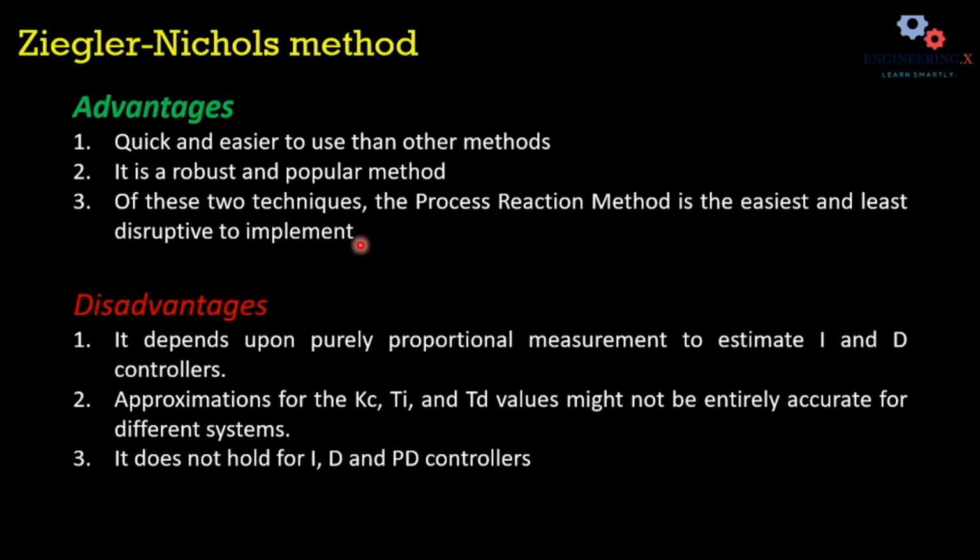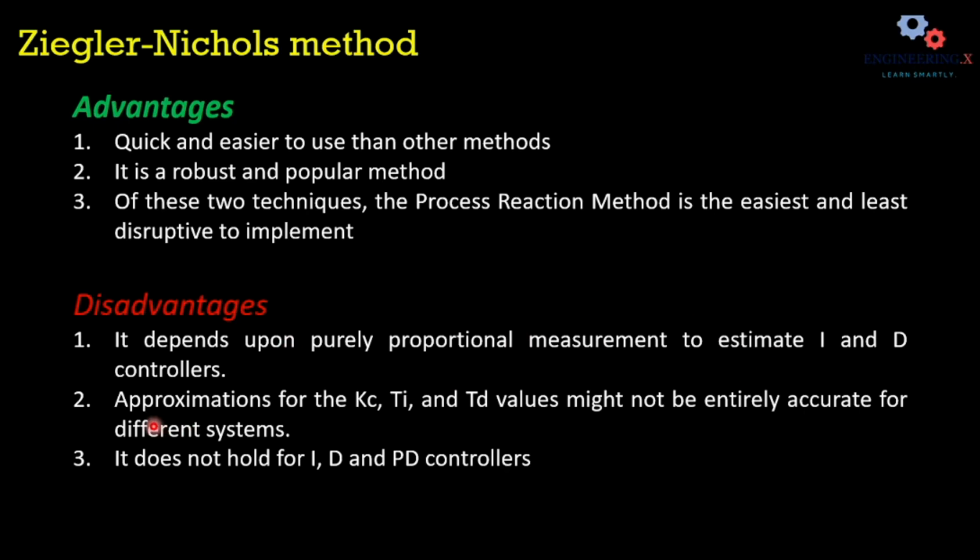What are the disadvantages of this technique? It depends upon purely proportional measurement. So the values of Ti and Td are also dependent on Kc. Actually, mainly all the values are dependent on proportional measurements.